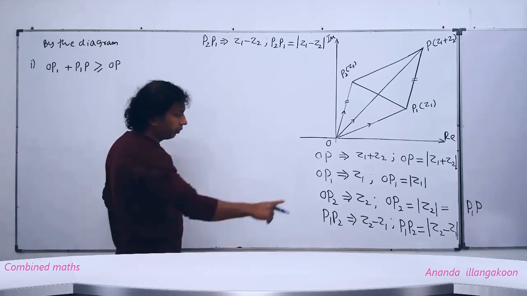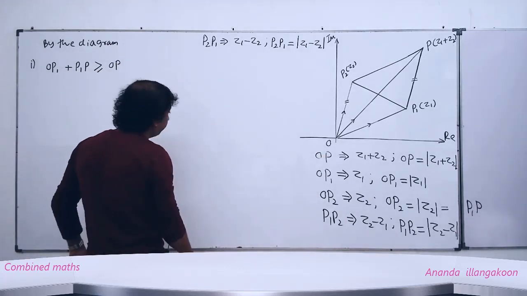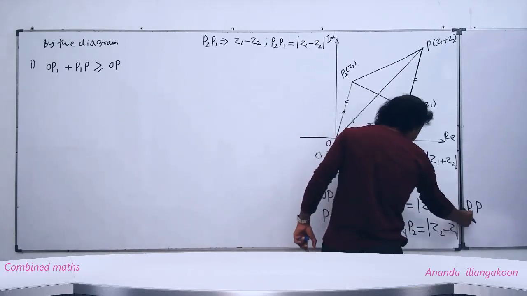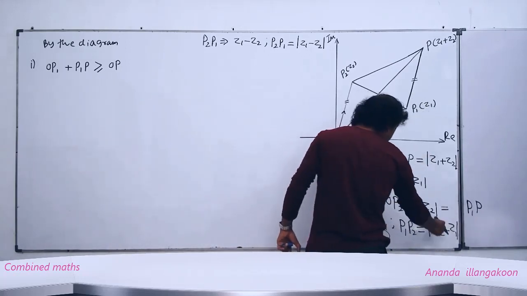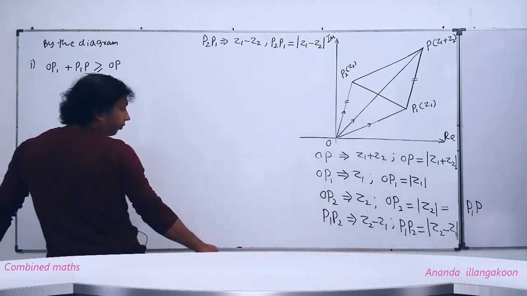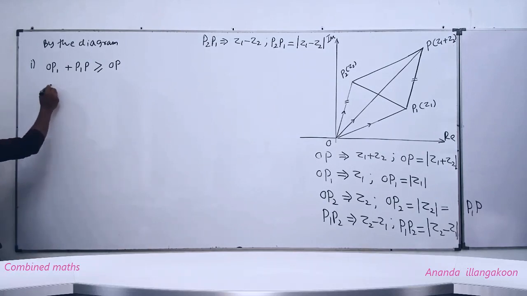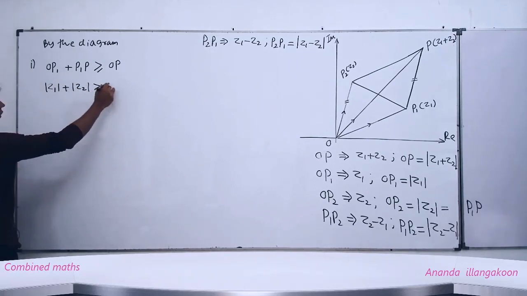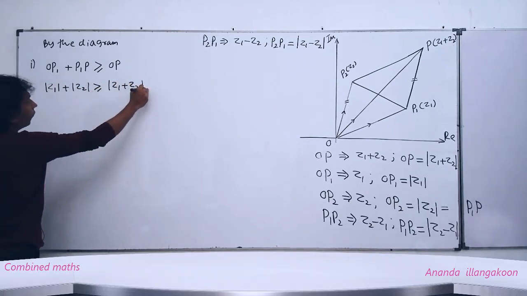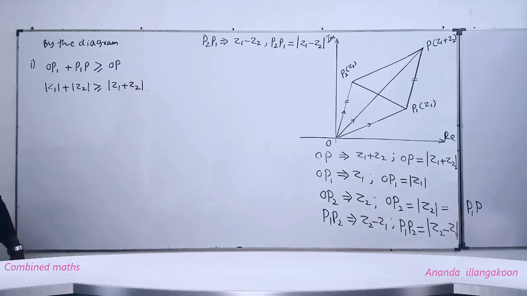OP1 means modulus Z1, and P1P equals OP2 equals modulus Z2. OP is modulus of Z1 plus Z2. So modulus Z1 plus modulus Z2 is greater than or equal to modulus of Z1 plus Z2. First one is coming.